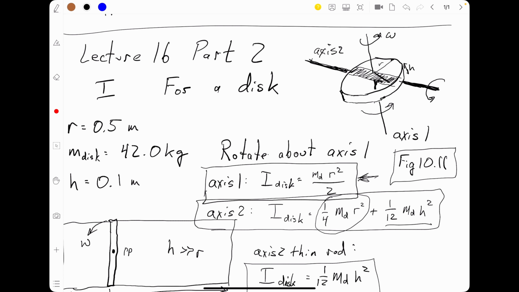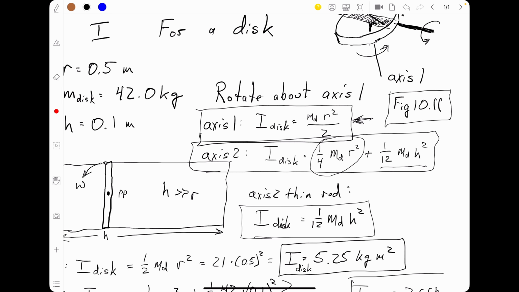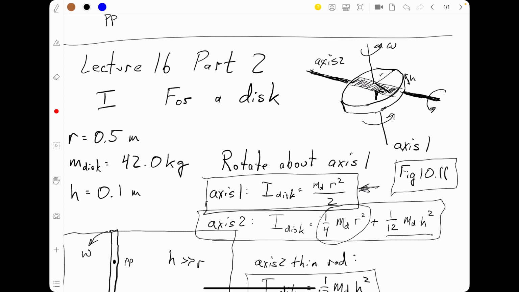So the moment of inertia really declines. There's less and less as you get further and further away. So the moment of inertia is going to be quite small comparatively to the other way, where we have a lot.